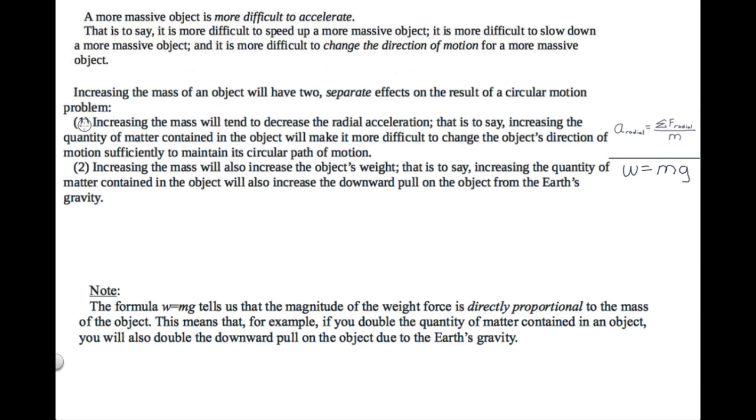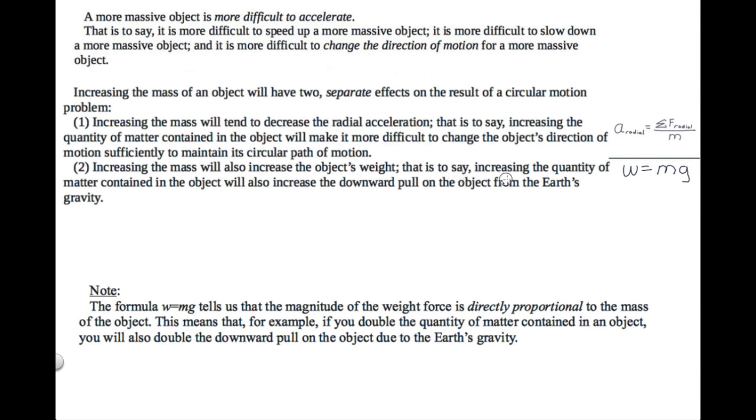Effect number one, increasing the mass will tend to decrease the radial acceleration. That is to say, increasing the quantity of matter contained in the object will make it more difficult to change the object's direction of motion sufficiently to maintain its circular path of motion. And effect number two, increasing the mass will also increase the object's weight.